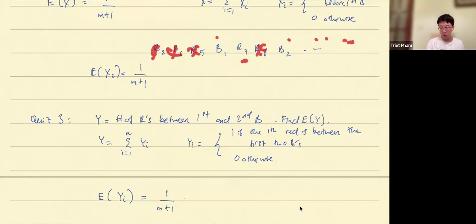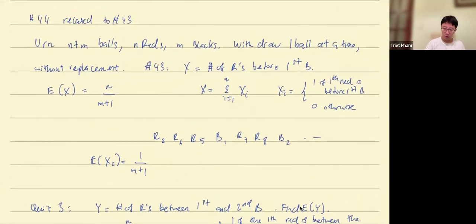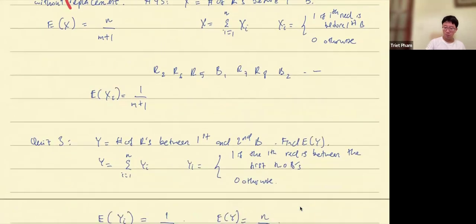And you can see, out of m plus 1 positions that R7 can take, there's only 1 position that lands it in between the first and second black. Therefore, it's 1 over m plus 1. Therefore, expectation of Y is n over m plus 1, exactly like the previous question. So 44 and 43 have the same answer.